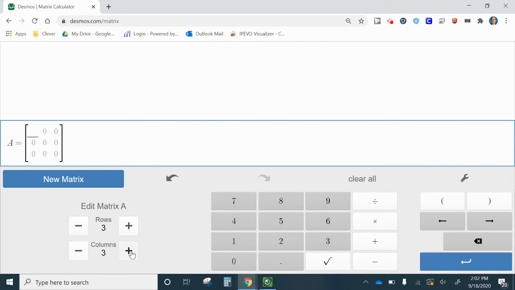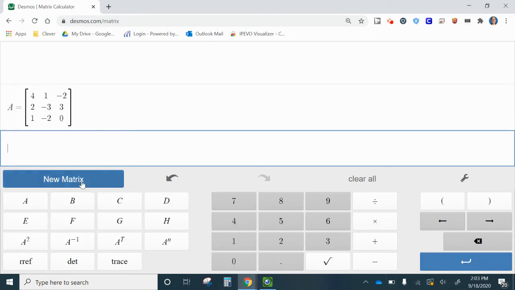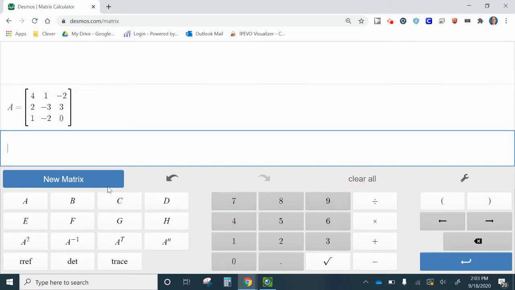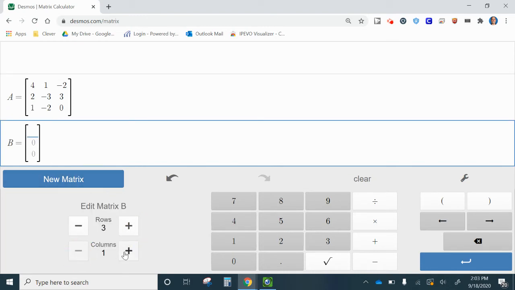And then new matrix. B is a 3 by 1. Let's try it again. New matrix. 3 by 1 and 10, 17, 4.